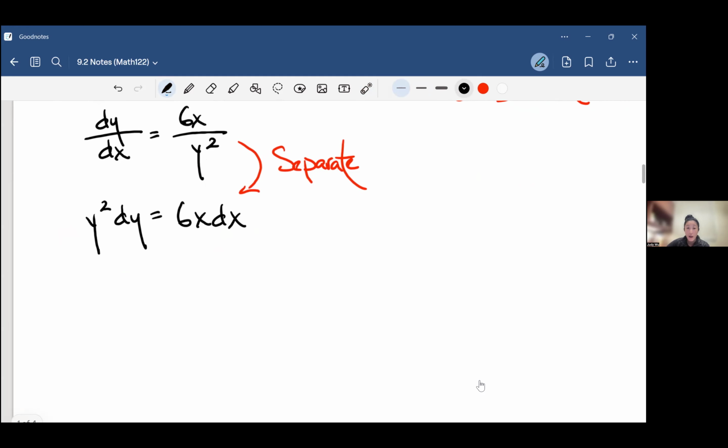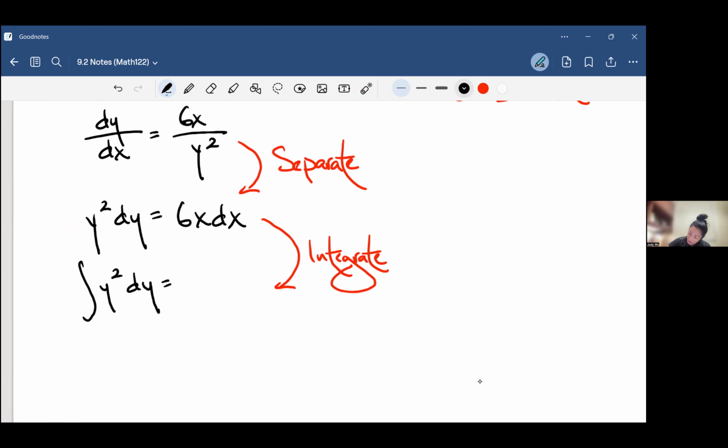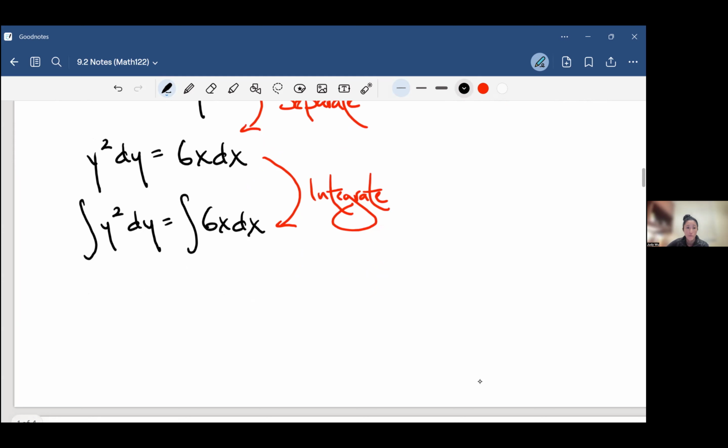All right, now after we separate, what do we do? We integrate. So I'm going to integrate y squared dy, and I'm going to integrate 6x dx. Now both of these sides just require power rule, no other fancy methods that we learned, just power rule.